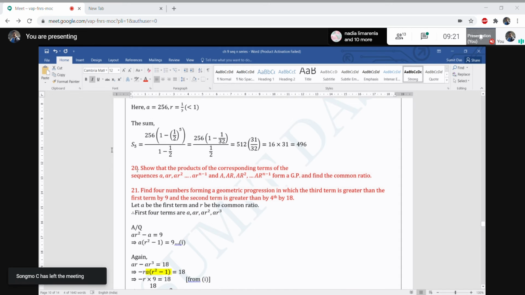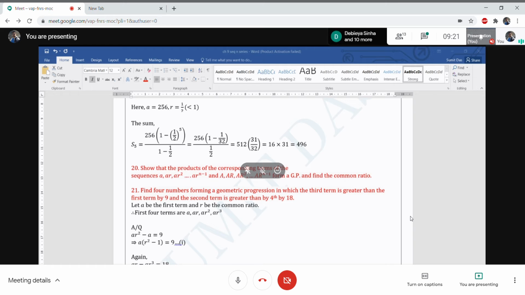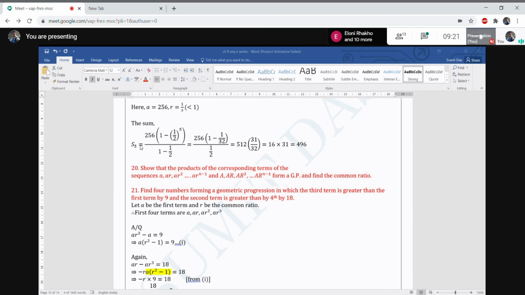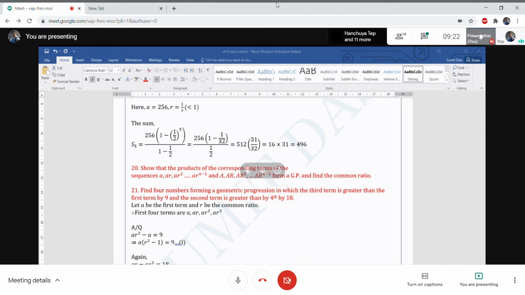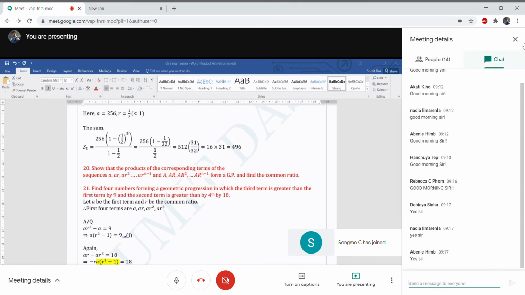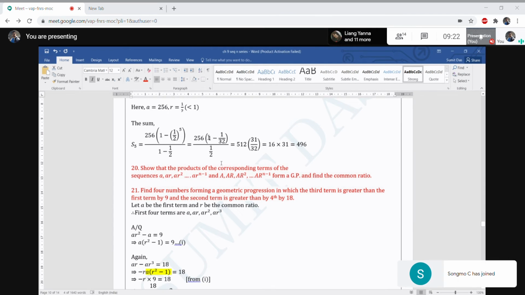Similarly, question number 20 is saying: show that the product of corresponding terms of the sequence a, ar, ar square, till ar to the power n minus 1, and capital A, capital A r, capital A r square, till capital A r to the power n minus 1, form a GP, and find the common ratio. This question I just want to give you as homework, because it is the same as the question I did. You have to find the product of the corresponding terms: A and capital A product, then ar, second term into second term, third term into third term, like this.